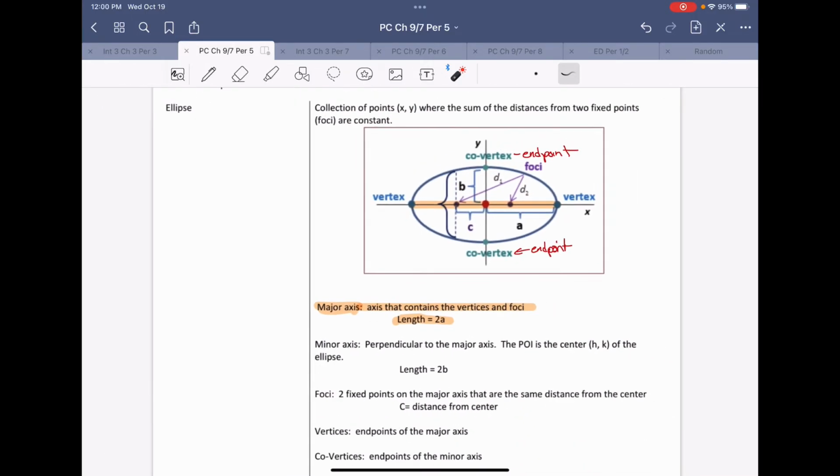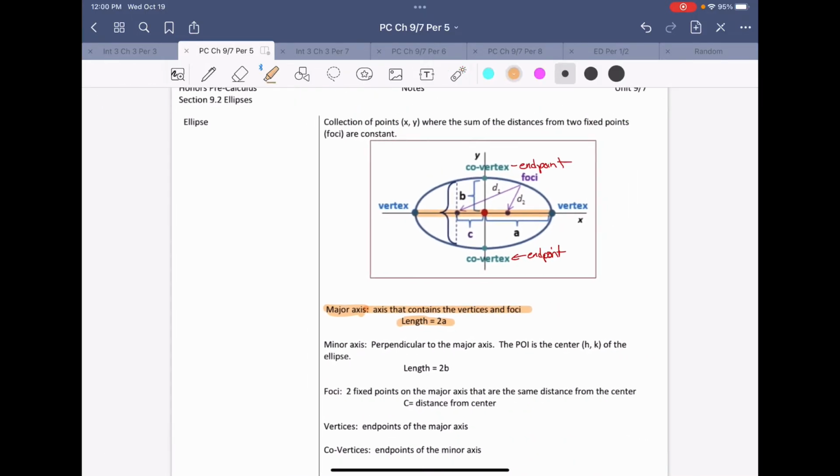The minor axis is where the co-vertices are. I want that one to be blue. The minor axis is the shorter one. It has the co-vertex or co-vertices on it. It's perpendicular to the major. It has a center at HK, and the length of that is 2b.